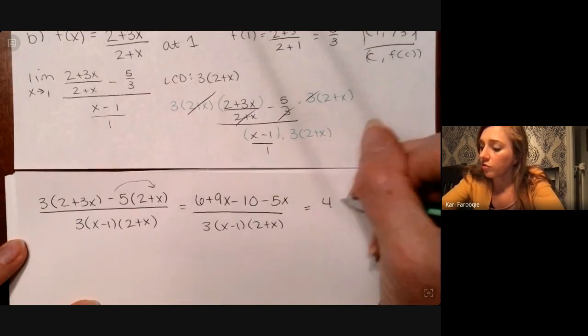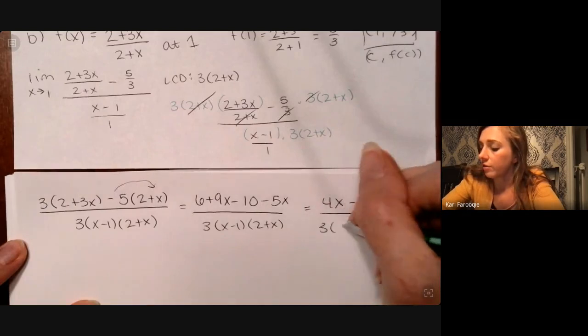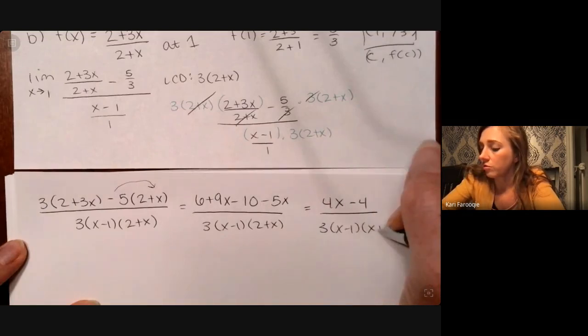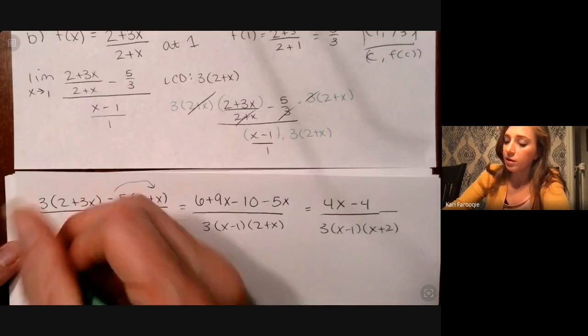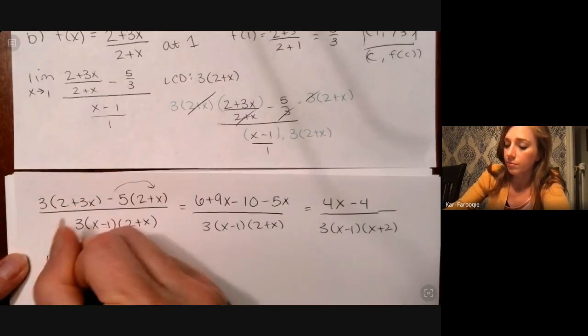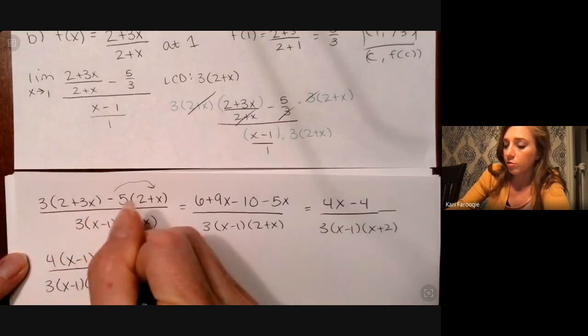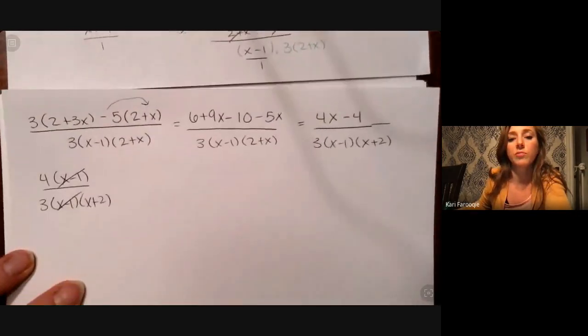9x minus 5x is 4x. 6 minus 10 is -4. And there's where you're starting to see that things are working out nicely. I'm going to switch 2 plus x to x plus 2, just because I can, factor out that 4. And now you can see where you're going to be able to cancel out those x minus 1s.